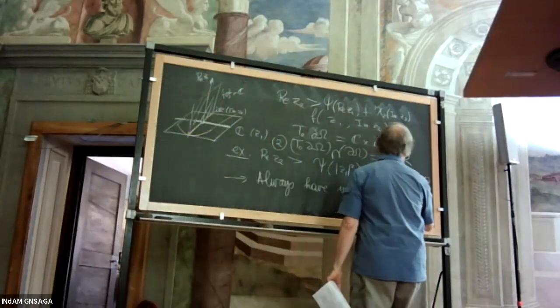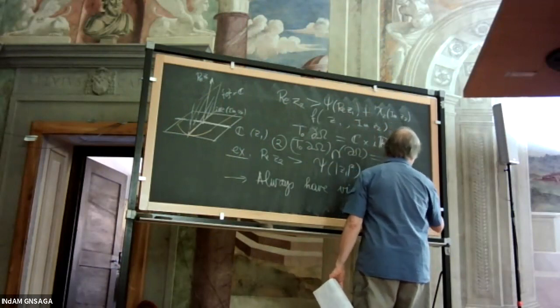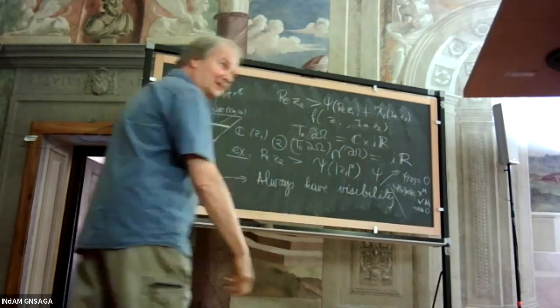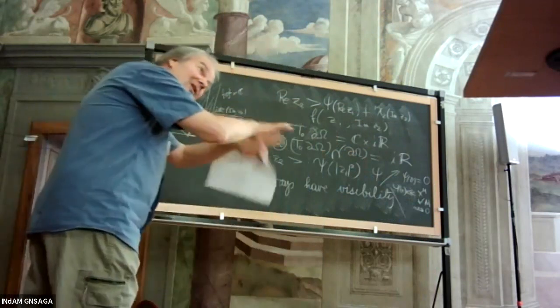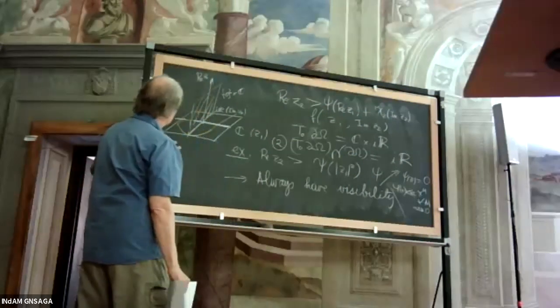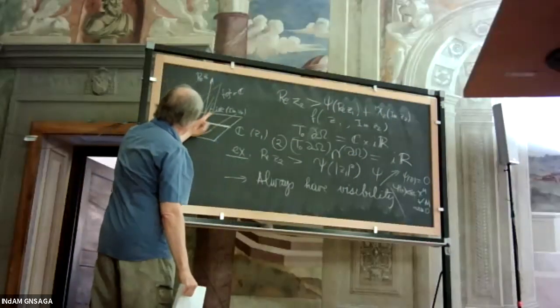Let's say psi of x is much less than x to the n for n near 0. We can do that, to have flat points of infinite type. But of course it's also flat in this direction.